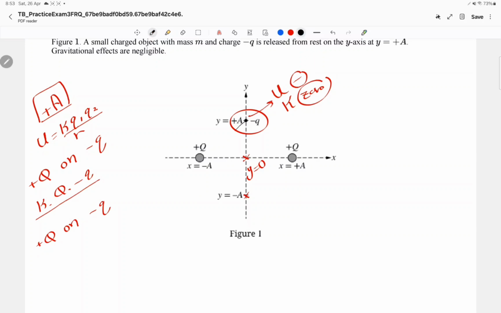And how far are the two charges from each other? They're far by the hypotenuse, correct? Yeah. So the hypotenuse is going to be the root of a squared plus a squared, which means a root of 2.